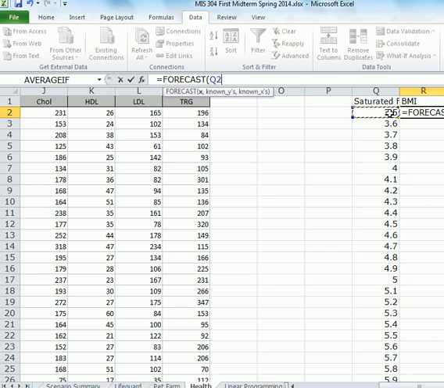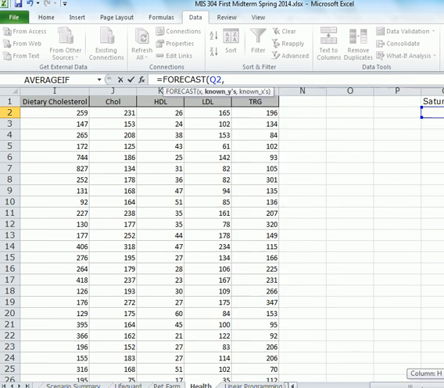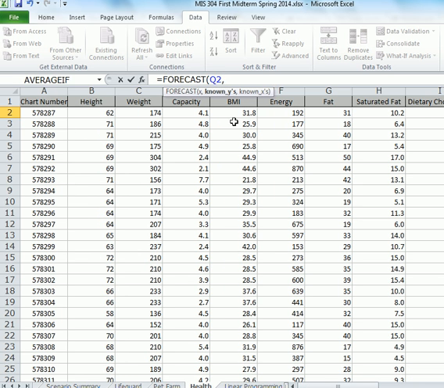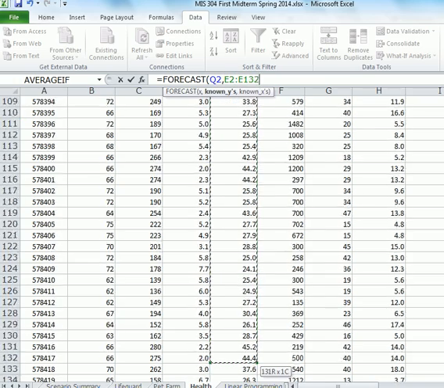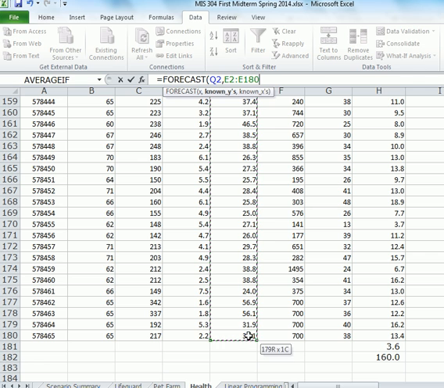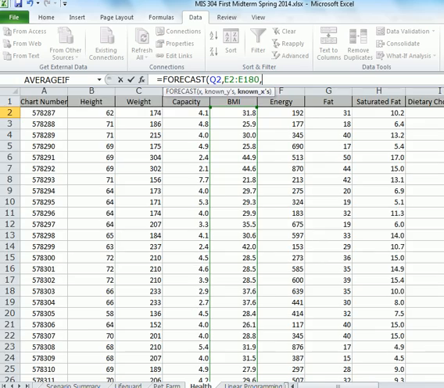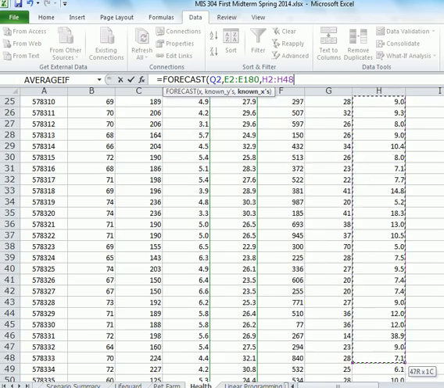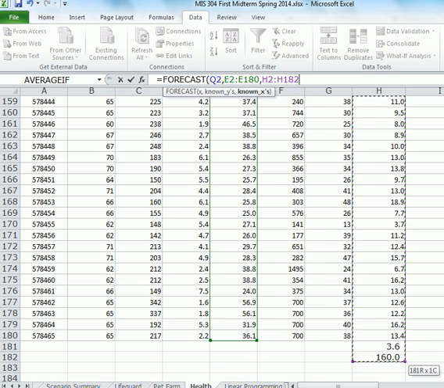Okay, so I start with the value for saturated fat, all values for the BMI, they are in D, and then all values for the saturated fat. I know I'm going to use the formula for all of the rest, so I need to fix the E2.